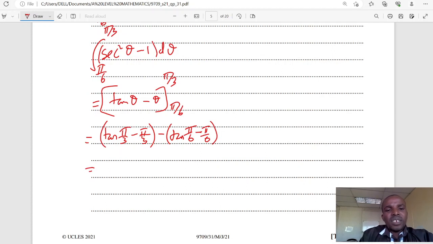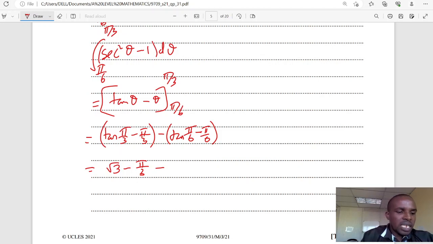Then I can simplify. What is tan pi over 3? If your calculator is in degrees, then pi over 3 is 60 degrees. So you can say tan 60. If you prefer to work with degrees, then you get root 3 minus pi over 3. Then minus tan pi over 6. Pi over 6 is what?